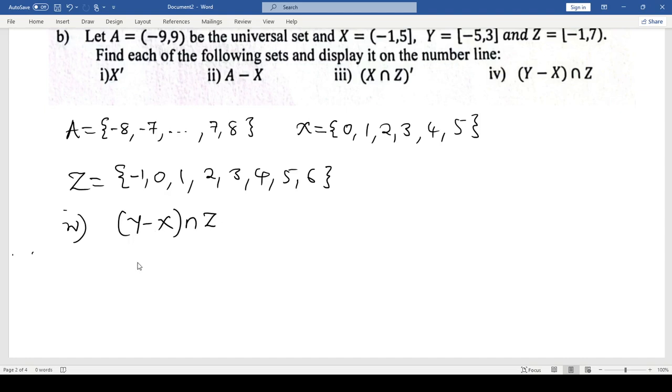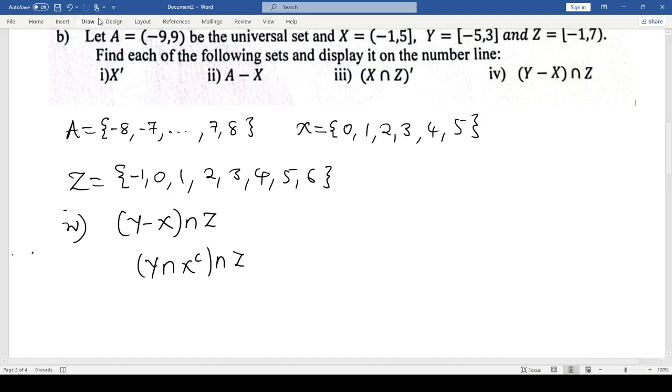So here y minus x is simply y intersection x complement, so we have y intersection x complement intersection z like this here.